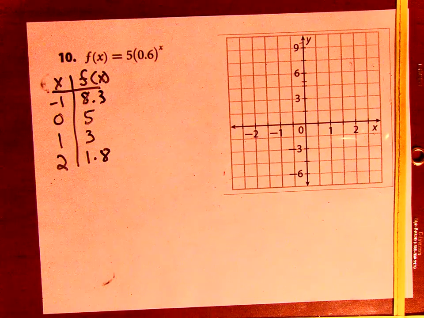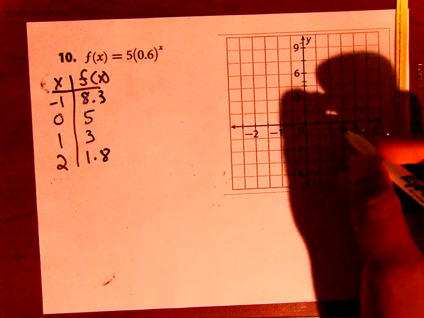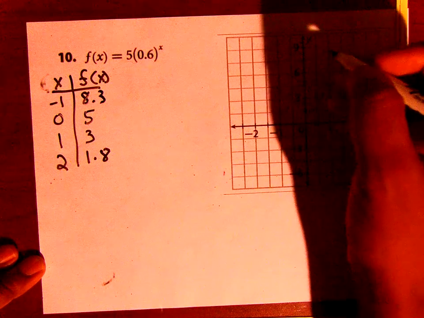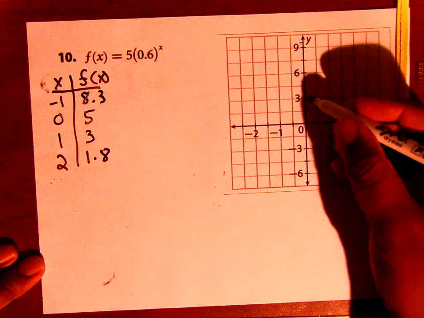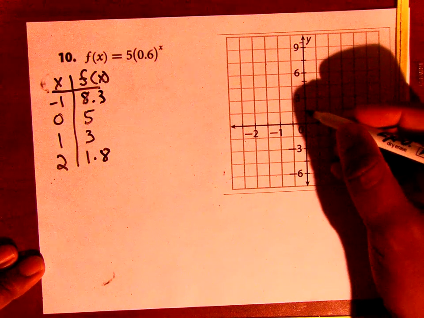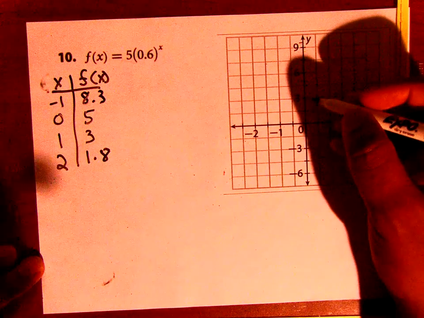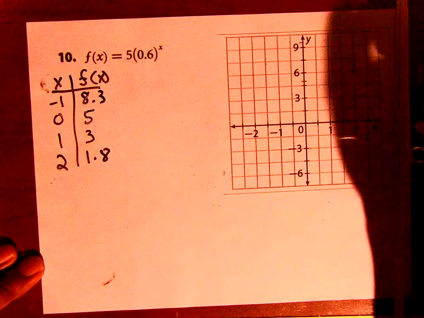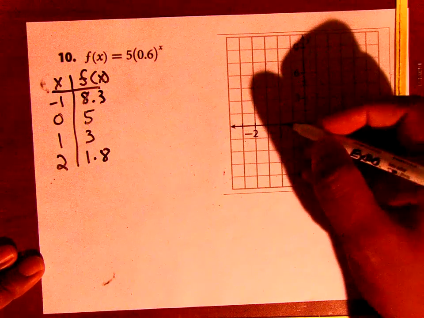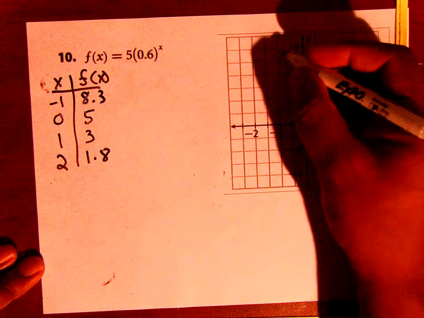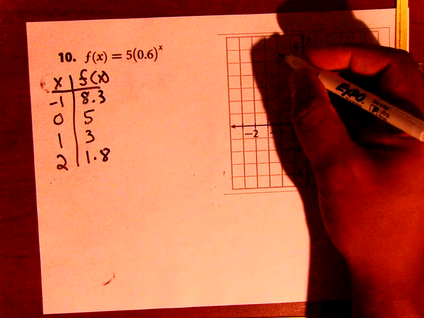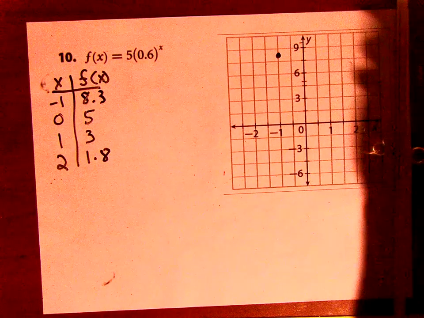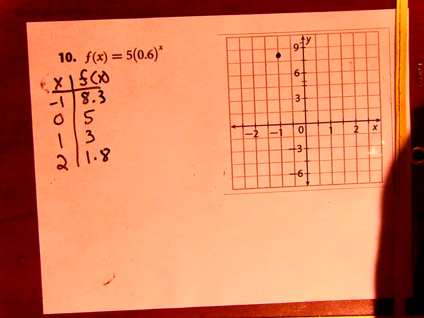Now I'm going to go ahead and plot those points out here. At -1, I'm at 8.3, so that's up here close to the 9. We've got 3 here, so this is 1.5, and then at 3, it's 4.5, and so on. So 8 would be up here in this area, since that's 8.3 estimated there.